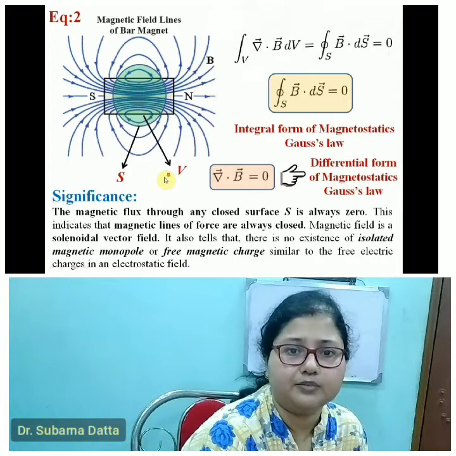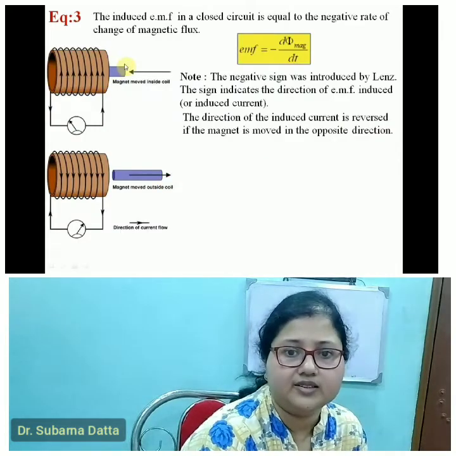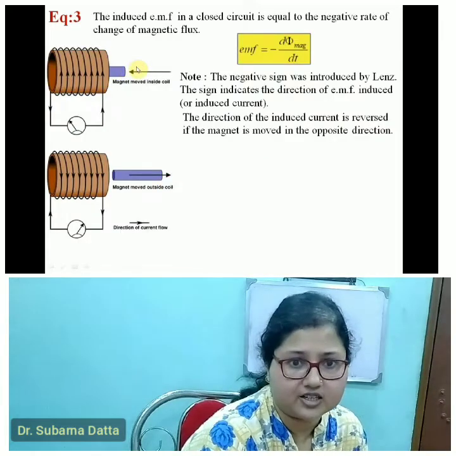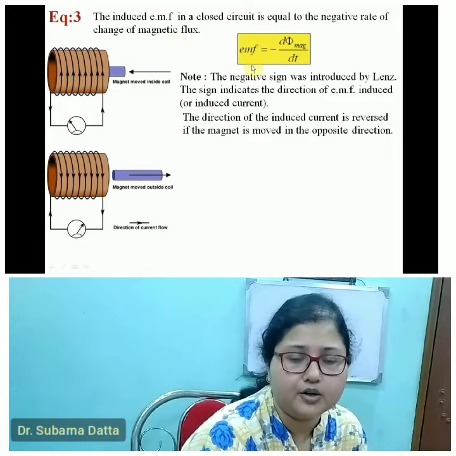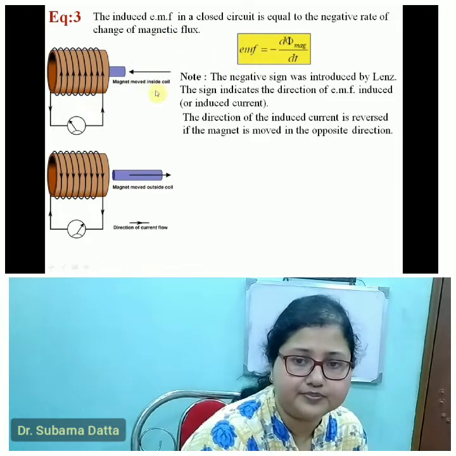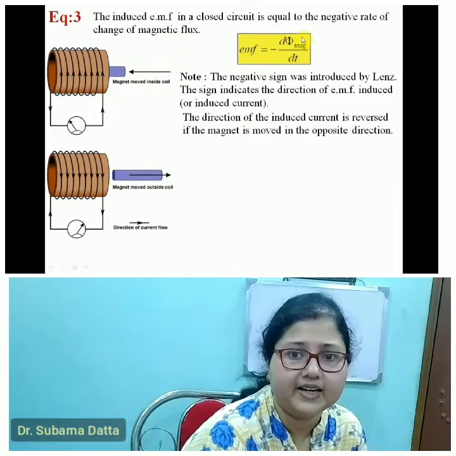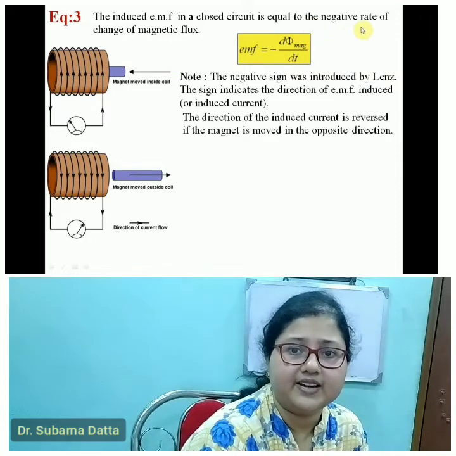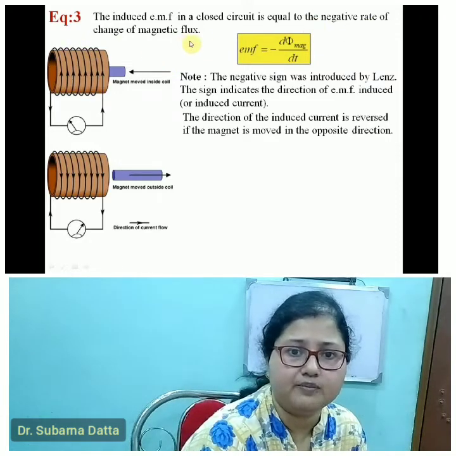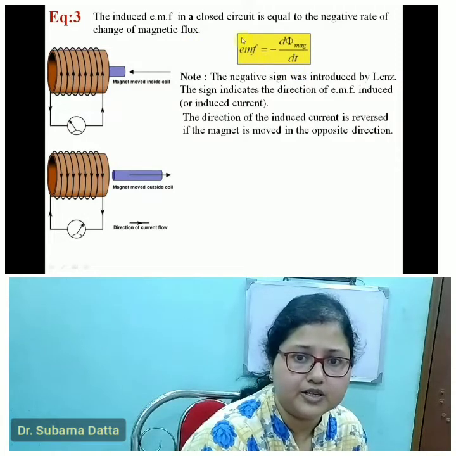Now I will come to the third law, Faraday's induction law. From this law, we know that the negative rate of change of magnetic flux, minus d phi by dt, is equal to the induced EMF.